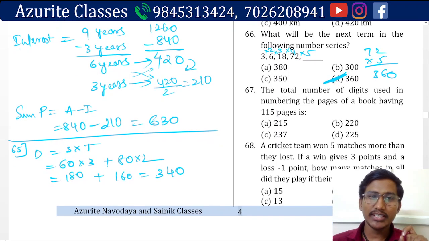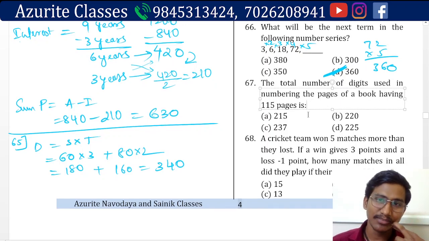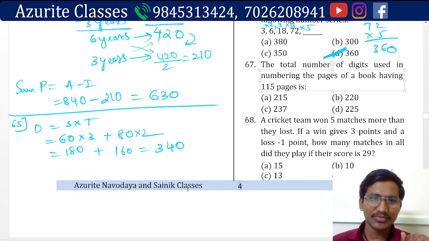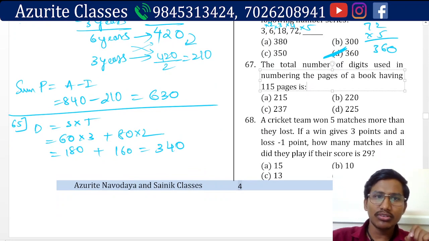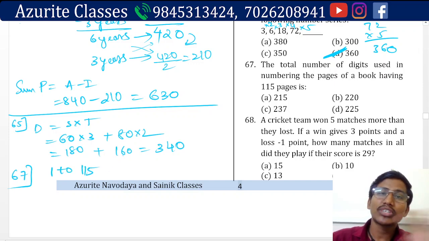Now let us do the next question, 67. The total number of digits used in numbering the pages of a book having 115 pages is. This is a little tricky, but not much. So from 1 to 115 we have to find the total digits.